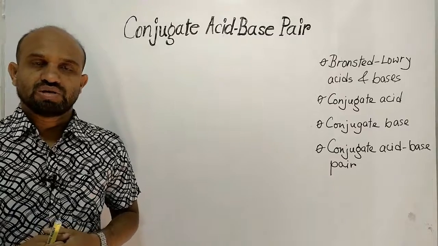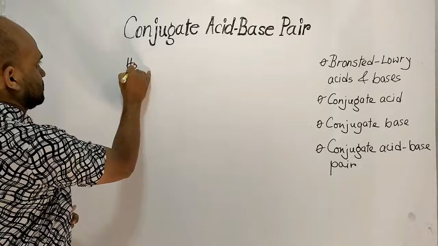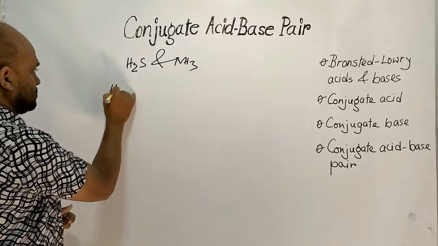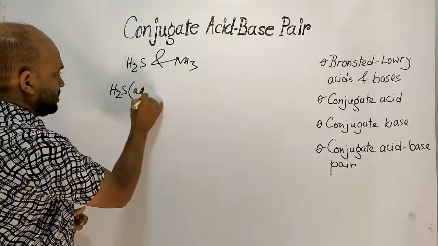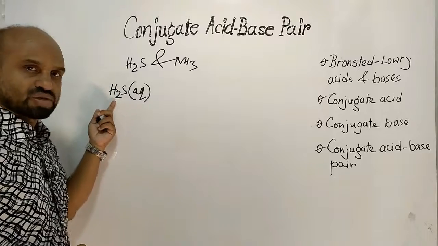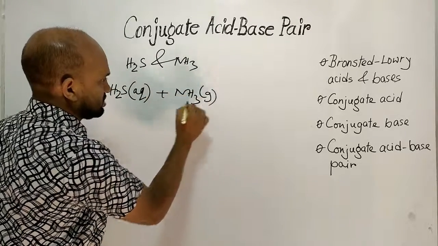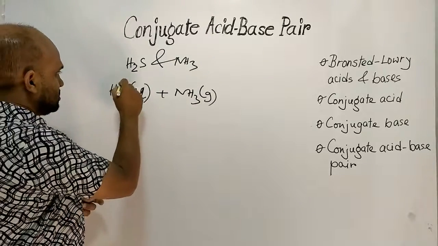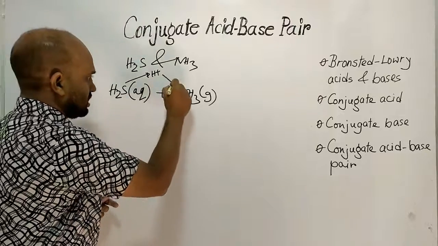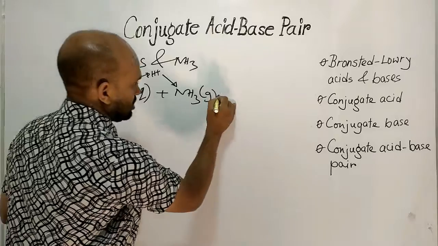Now the reaction between hydrogen sulfide and ammonia. Hydrogen sulfide in aqueous solution, that is hydrosulfuric acid, and ammonia which is gaseous. This is Bronsted-Lowry acid, it will donate proton, and ammonia is a kind of Bronsted-Lowry base, it will accept proton.